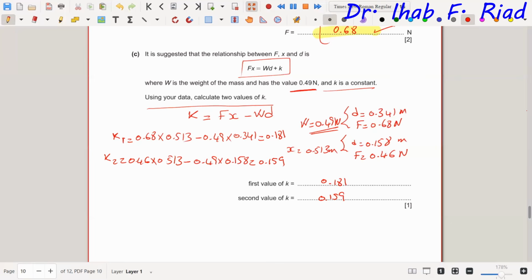Now we'll write the unit. What do you think the units for K are going to be? Can you think of a way that we can get the units for K?